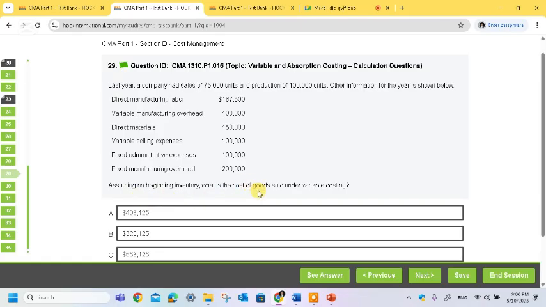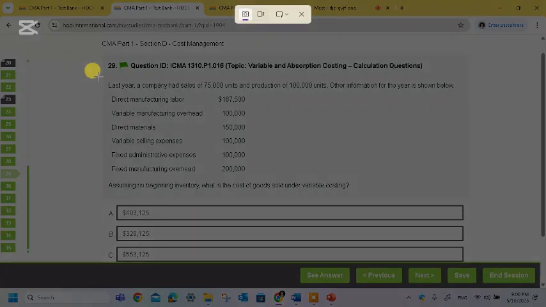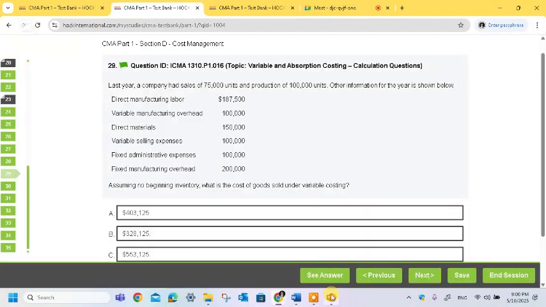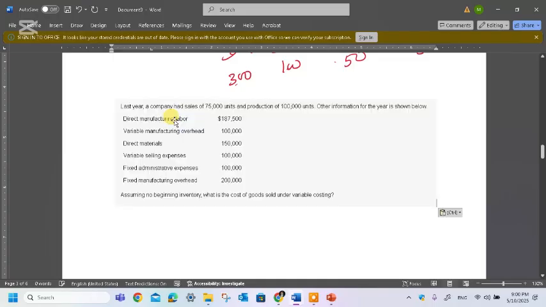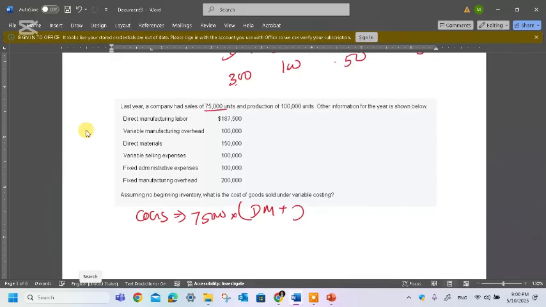Assuming no beginning inventory, what is the cost of goods sold under variable costing? Now they are asking specifically for cost of goods sold, so we have to find that. How are you going to find it? How many units did they sell? The company has sales of 75,000 units. 75,000 multiplied by material, labor, variable manufacturing overhead.